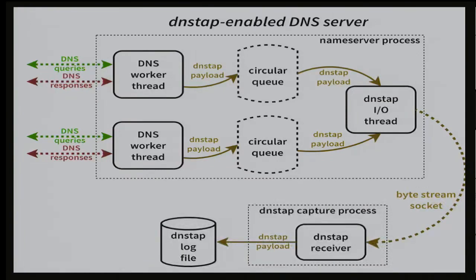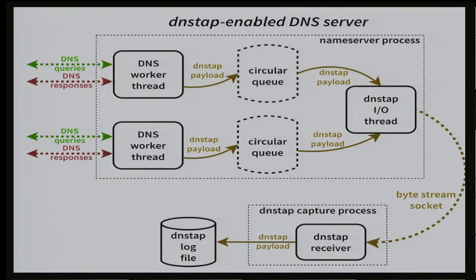These are the network messages coming into and out of the server process through the kernel and the sockets layer, and then they talk to individual worker threads inside the DNS server process. In a non-dnstap enabled DNS server, you would just have these worker threads inside the process answering queries, sending responses.